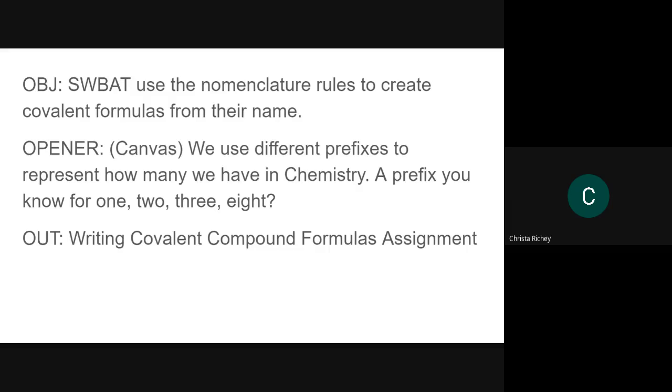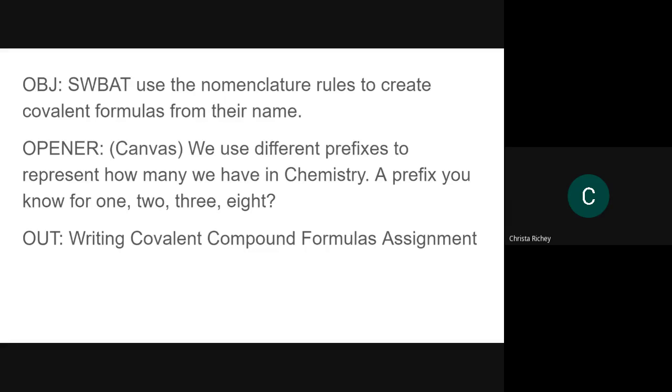We use prefixes with covalent compounds. We don't use charges with this type. You don't have to look up charges. We don't have to deal with Roman numerals. We don't have to deal with any of that stuff.